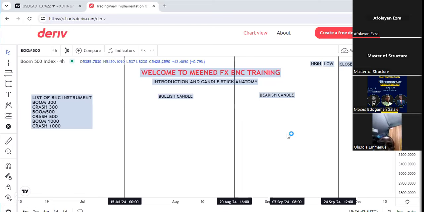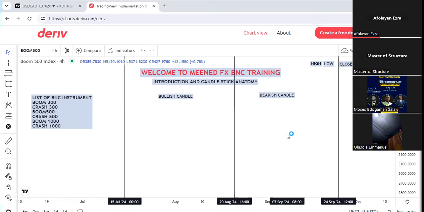Every other boom and crash asset has a minimum lot size of 0.2. Boom 500, I think you need 3 point something dollars to place a trade on it, about $4 minimum, or $3.3. But I realized that recently they reduced it to 2 point something, maybe 2.7 or so. So I think it varies over time.